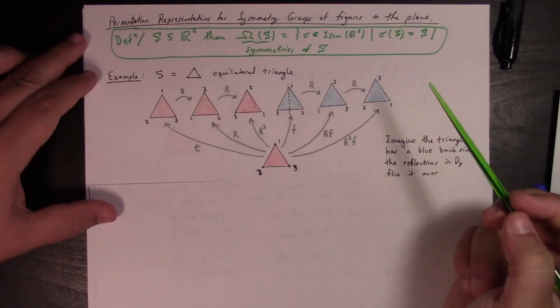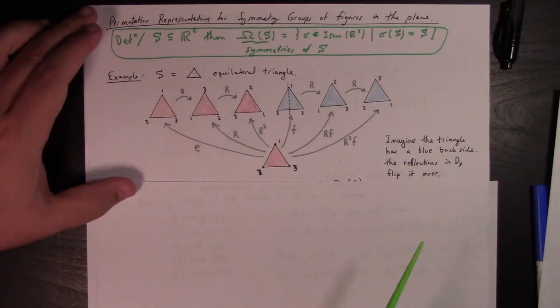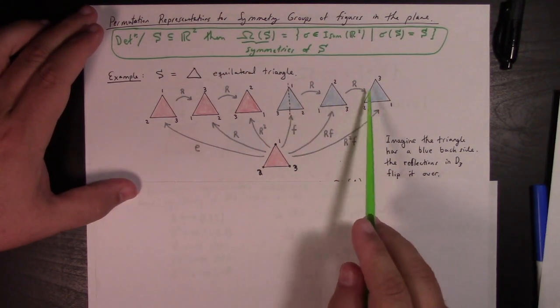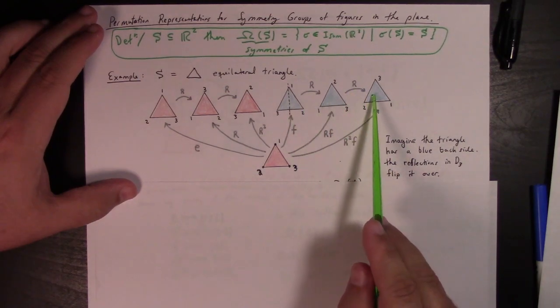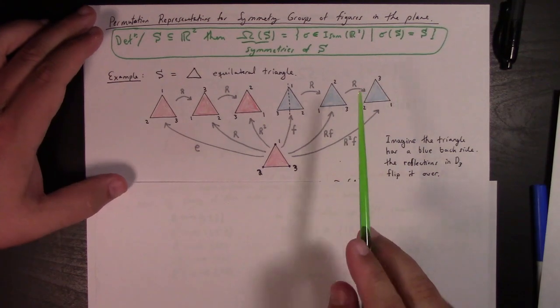Alright, so these are the 6 symmetries of the equilateral triangle. These involve flipping the triangle over. Strictly speaking, these are not quote-unquote motions of the triangle in the plane because they require you to flip it over out of the plane. So if you're a flatlander, you can't do it.